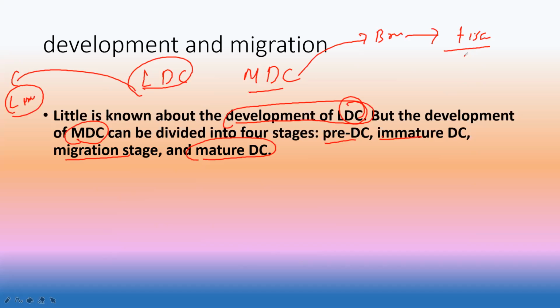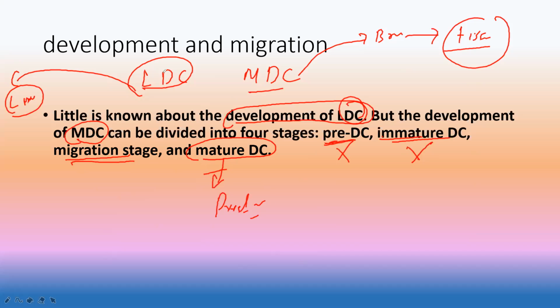When they move close to the tissue, they change to mature. First they are inside the bone marrow as pre-dendritic cells, immature dendritic cells. Then they move close to the tissue and change to mature dendritic cells. The mature dendritic cell presents antigen, not the pre or immature ones.